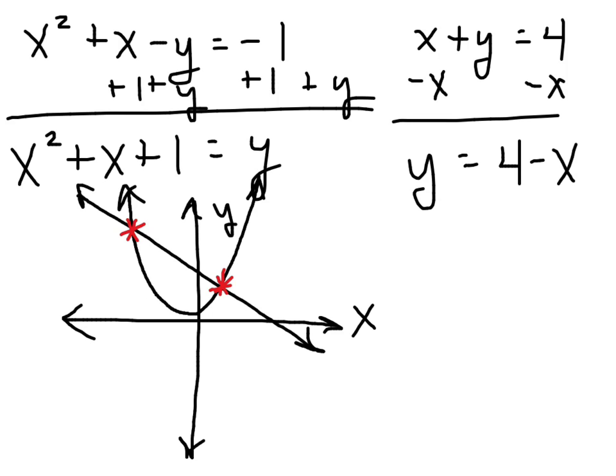Hit enter. Guess. Yeah, just tell me the answer. And I'm guessing it gave you the one it was closest to. What was the ordered pair that they gave you? 1 and 3? Is that the only answer that it is? No. It gave you this point right there, didn't it?